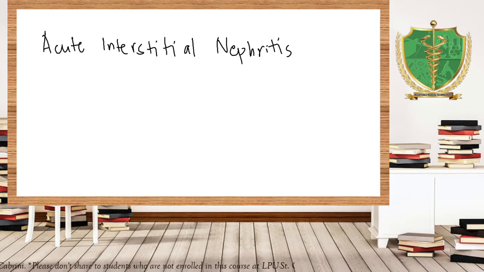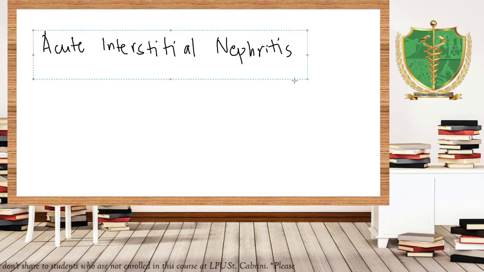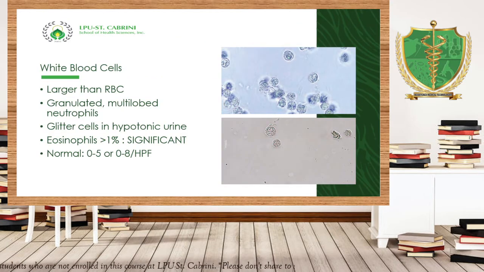So for WBC, the normal range is 0 to 5 or 0 to 8. Okay? 0 to 5 to 0 to 8 is the normal WBC in the urine.